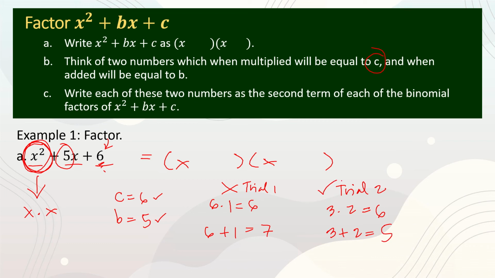So alam na natin na yung dapat na factor na inisip natin would be 3 and 2. So in our C, write each of these two numbers as the second term of each of the binomial factors. So yun na din ang ating magiging second term. So plus 3 plus 2. So there you go. This is our correct answer.